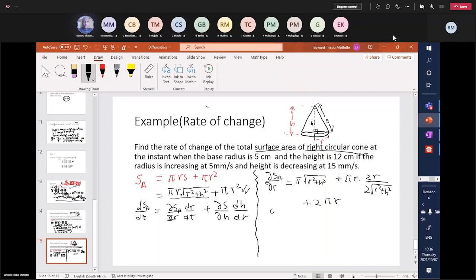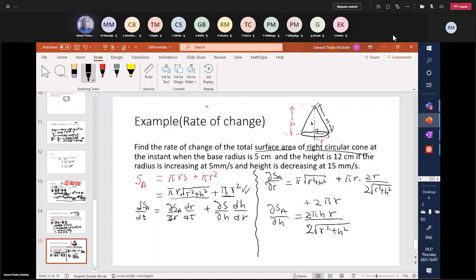Now, if I differentiate S partially with respect to H, what do I get? The last term does not contain H, so it's 0. I'll only differentiate the first one. Pi R is a constant, so I only differentiate the square root. When I differentiate the inner function, it gives me 2H.